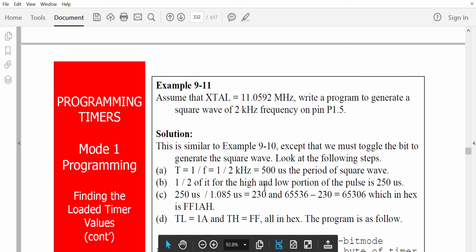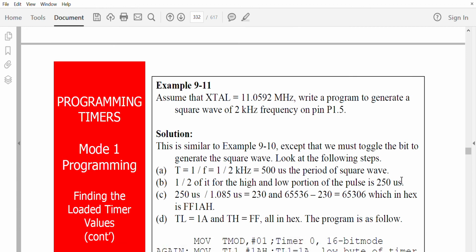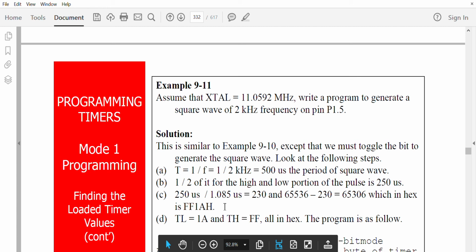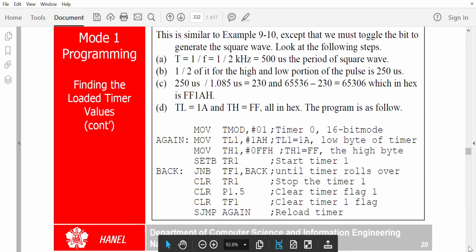Half of it is for high and half for low, so 250 microsecond each for high and low. 250 microsecond divided by 1.085 microsecond, you'll get a value, subtract it from 65536, convert it to hex and separate it into TL and TH. And you can put it in the program.